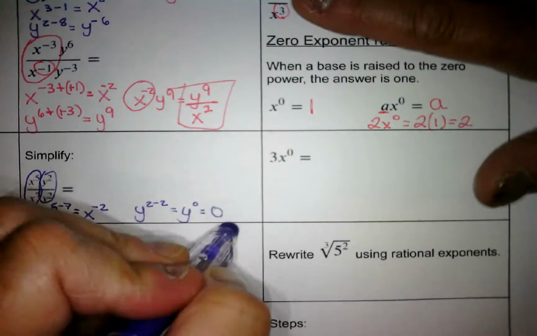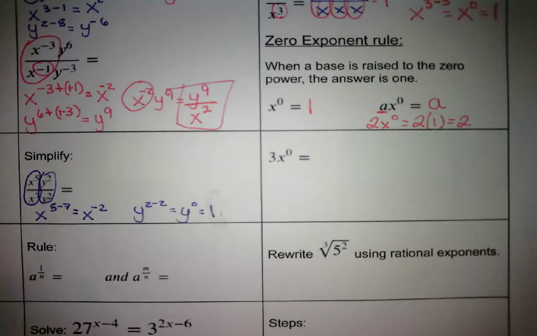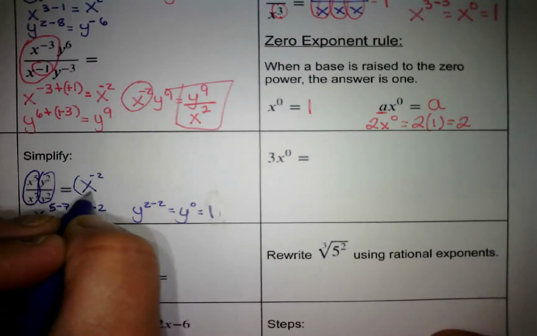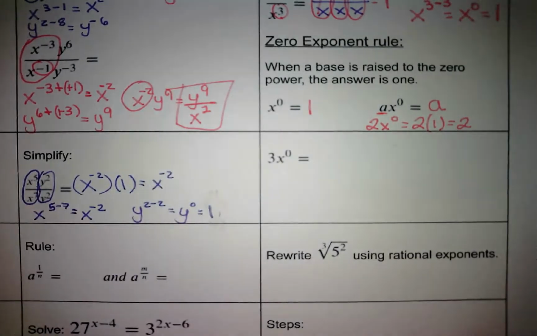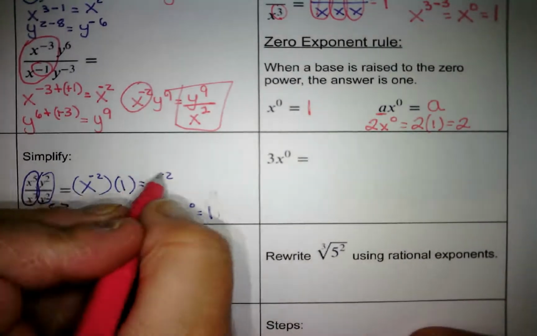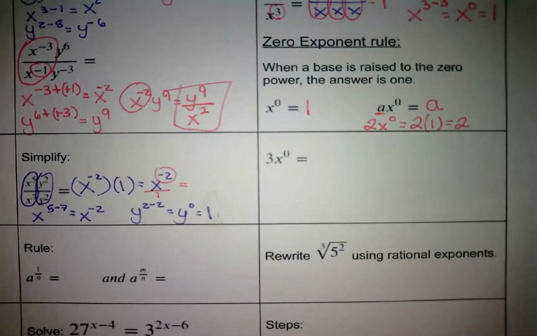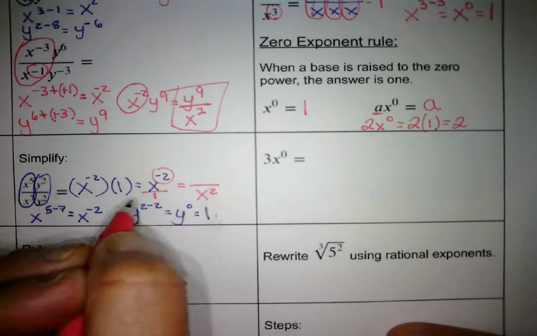So now our answer is x to the negative 2nd power times 1, which is just x to the negative 2nd power, but we never, ever leave this as a negative exponent. So this is in the numerator, and now we have to move it to the denominator, and it becomes x squared, and we just put a 1 on top, because there's no coefficient or anything else with it.